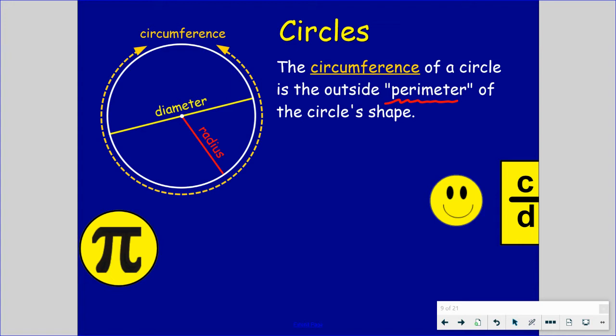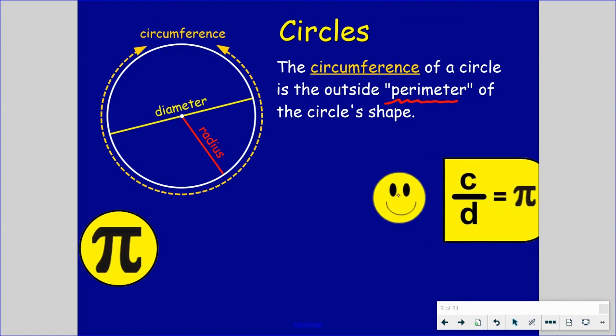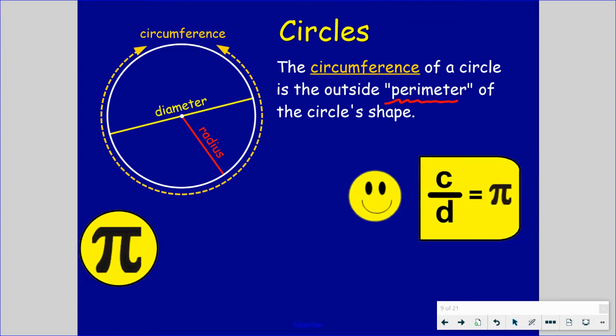It doesn't seem to stop. It doesn't seem to repeat. Let's just give it a letter. And since the ancient Greeks popularized this, they gave it the letter pi.